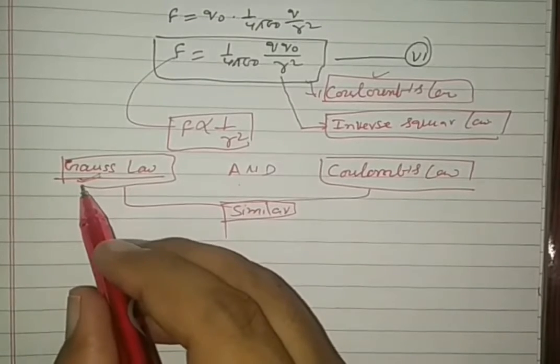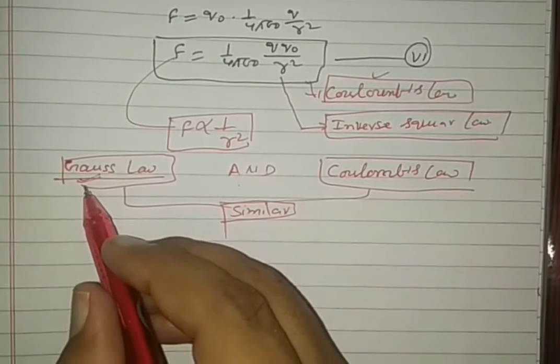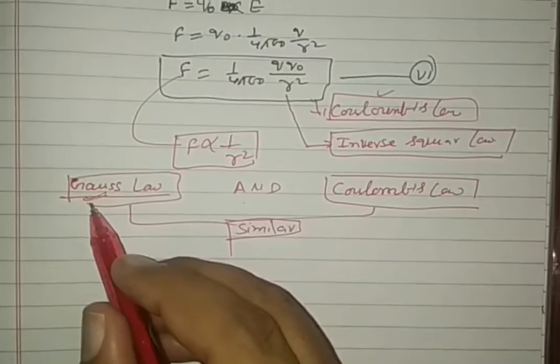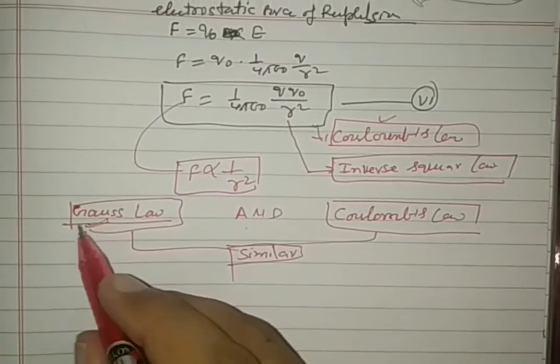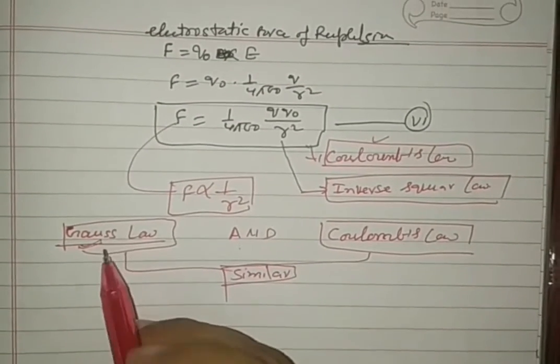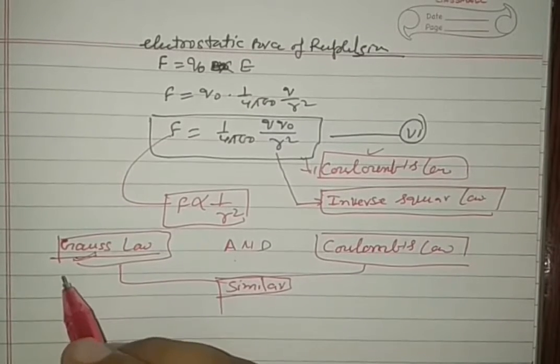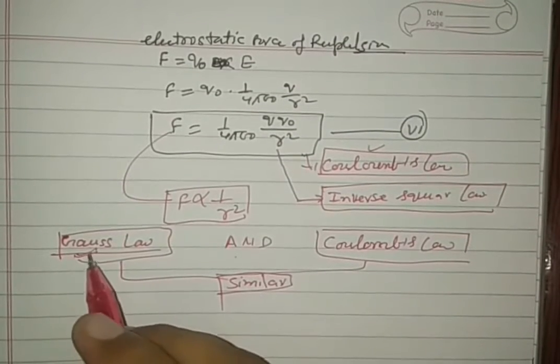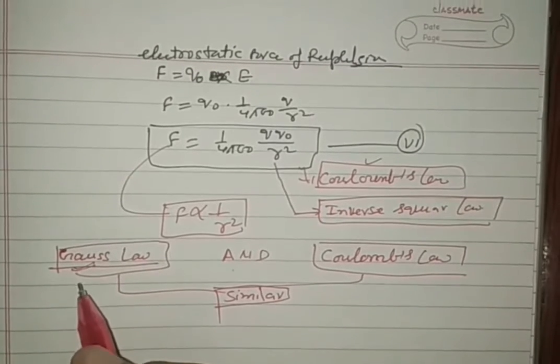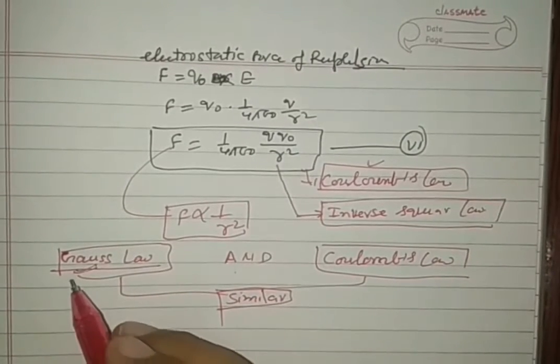Why? What is the source of this Coulomb force? Electrostatic force comes from the electric flux. Wherever the electric field is there, there is electric flux, and when a charged body is there, it experiences the electric force.